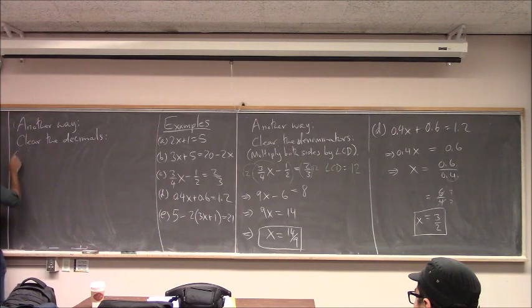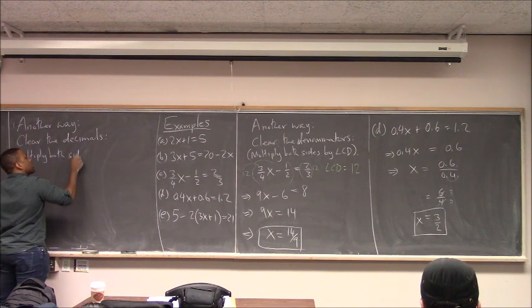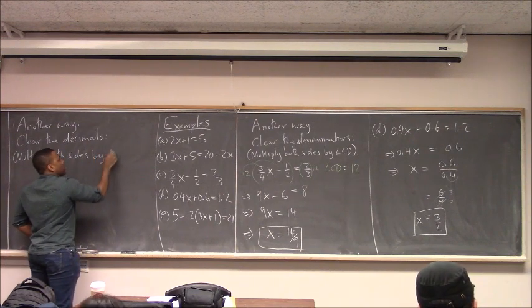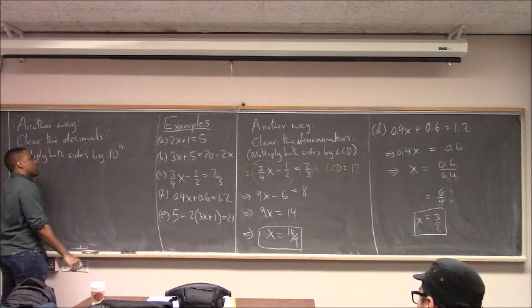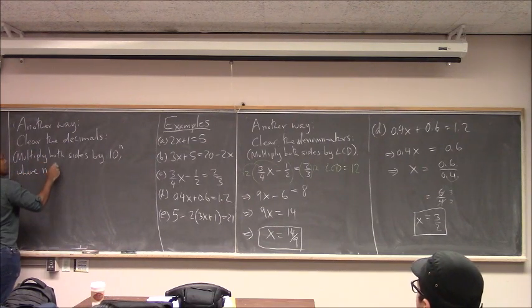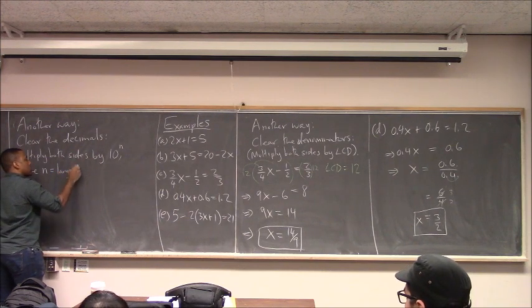You would do that by multiplying both sides again, which we can do by the second property, by 10 to the nth power, where n equals the largest number of decimal places that appear.